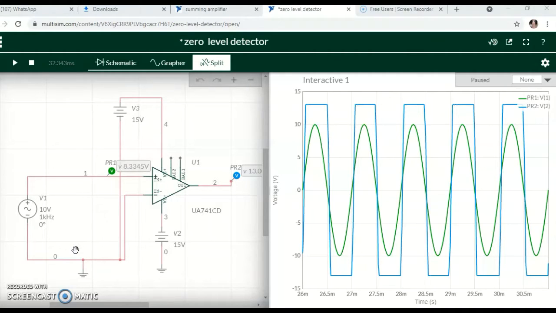When the sine wave is positive, the output is at the maximum positive level.